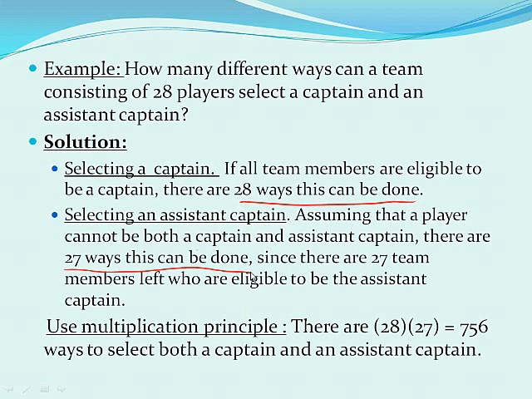Selecting an assistant captain: assuming that a player cannot be both a captain and assistant captain, there are 27 ways this can be done, because there are 27 team members left who are eligible to be an assistant captain. So now using the multiplication principle, there are 28 multiplied by 27, which is equal to 756 ways to select both a captain and an assistant captain.